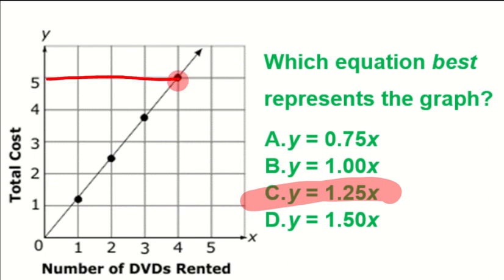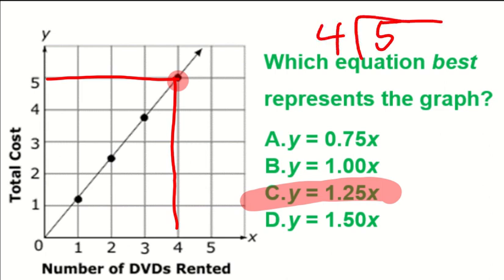Our y value is 5, x value is 4. So when you go to work this out, to do your division, the y value is on the inside, x value on the outside. 4 goes into 5 one time. We subtract. We got to put a decimal, and we can add as many zeros as we need.